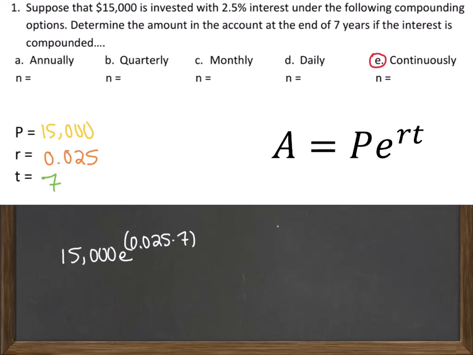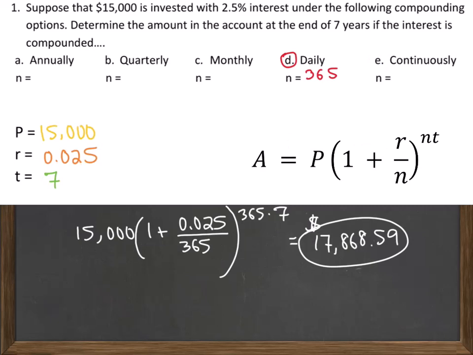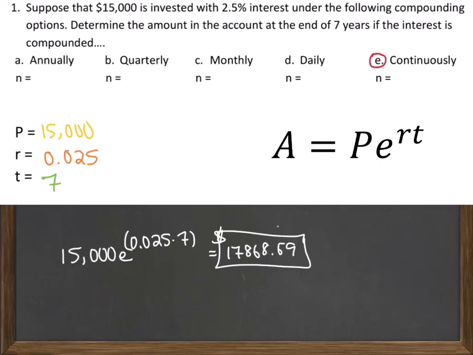Now the cool thing is most calculators, you can just type this whole thing in there and get your answer. So when I type that into a calculator, I get $17,868 and about 69 cents. Okay, so let's compare that number to what we got by compounding it daily. So this one was $17,868.59.